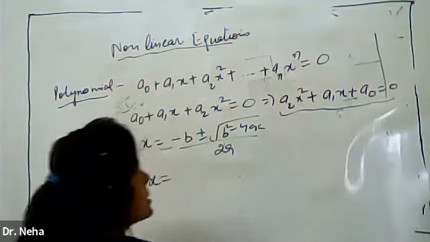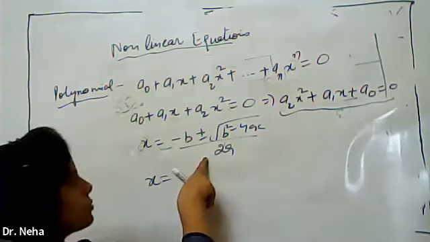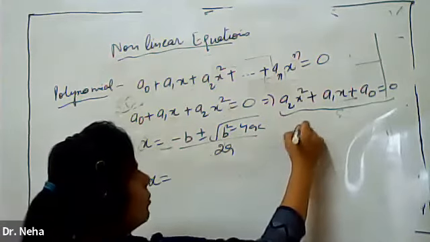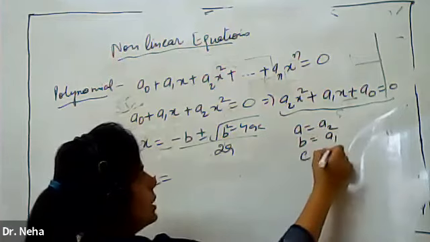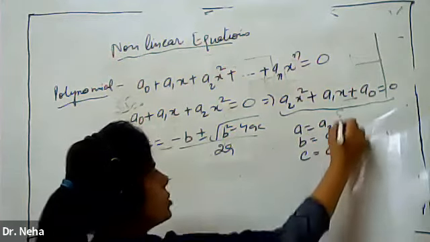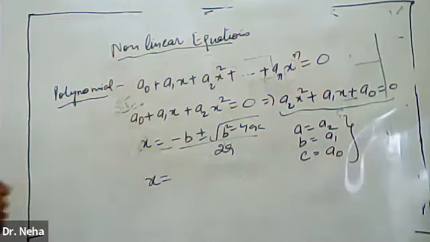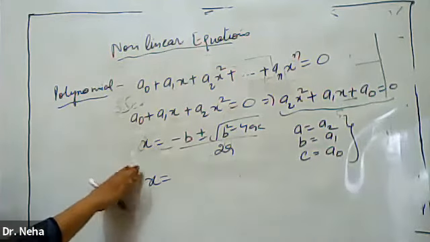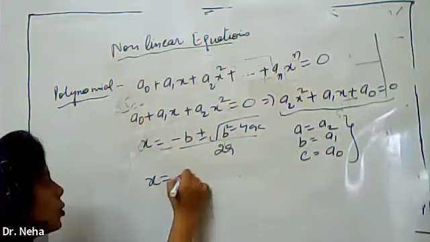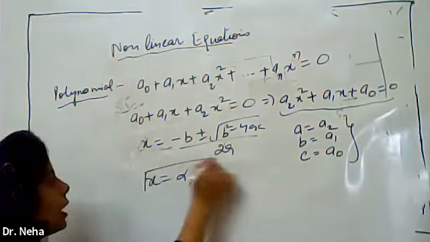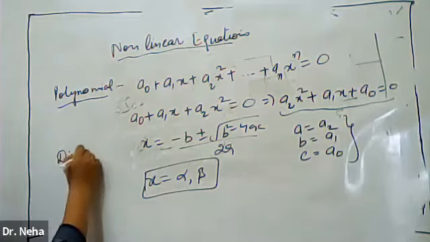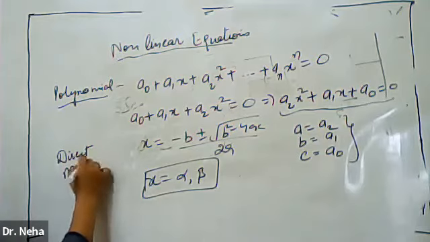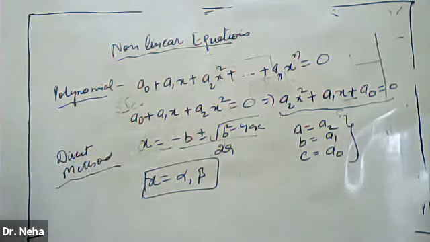So according to this formula, a means a2, b means a1 and c means the constant, which is a naught. When you apply this formula, you will get two values of x. Let us suppose the two values are alpha and beta. This is called the direct method.